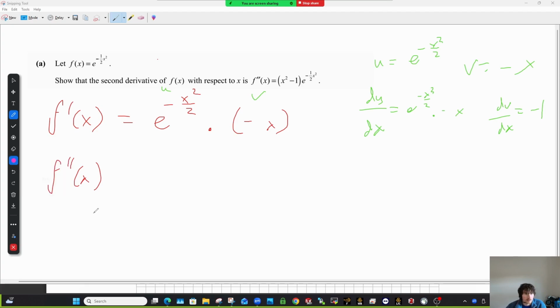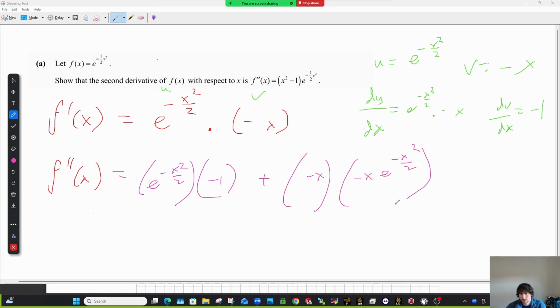Okay, so then you sub them in here. The derivative will be u, e to the minus x squared over 2, multiplied by dv dx, which is just minus 1, plus v, which is minus x, multiplied by du dx, which is this complicated expression here, minus x e to the minus x squared over 2. What does this become then?